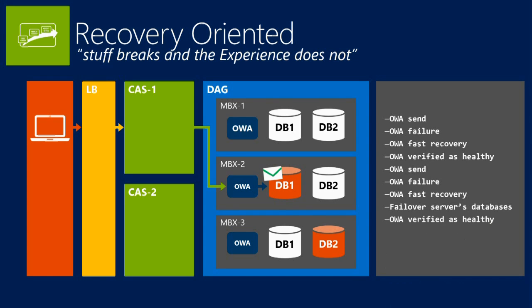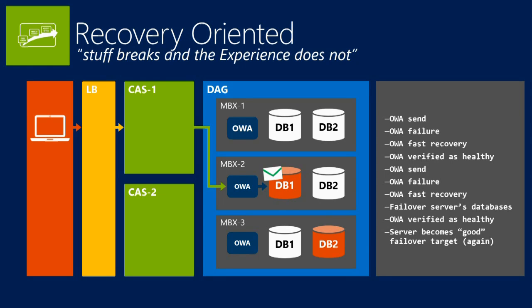Now, eventually, the problem will get fixed on the original server, and it will be verified as healthy. And once it is verified as healthy, then that original server simply becomes a good target for failover again. So once managed availability failed over to server 2, when the problem is fixed, it will not fail back to server 1 because life is good on server 2. You might as well just stay there.